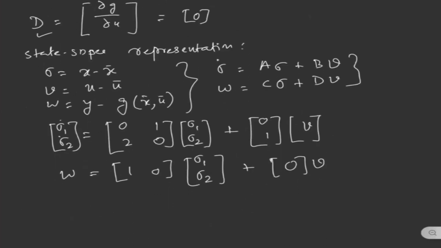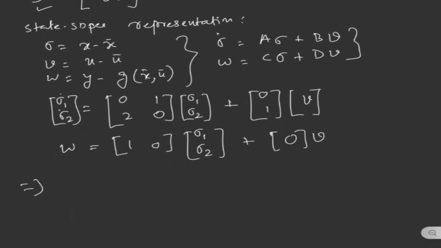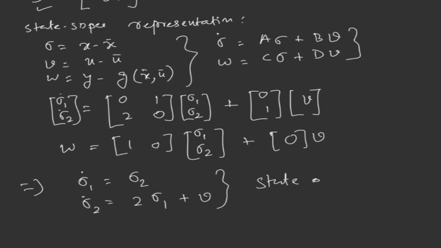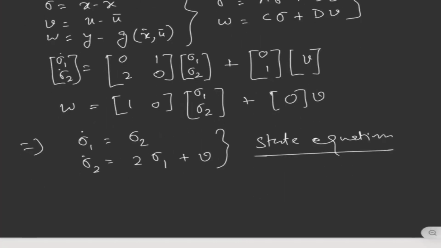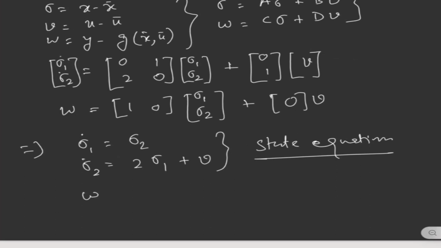From this, we come up with the linear model: sigma 1 dot equal to sigma 2, and sigma 2 dot equal to sigma 1 plus V. This is our state equation, and the output equation is W equal to sigma 1.